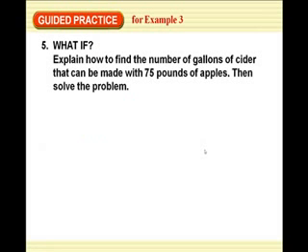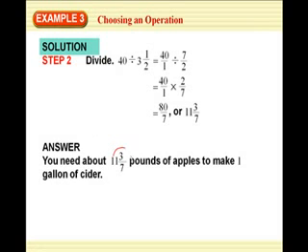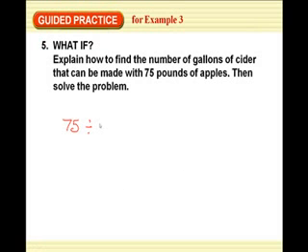What if the number of gallons of cider that can be made, explain how to find the number of gallons that can be made with 75 pounds. So we'll take 75. You know what? If it takes 11 3/7 pounds to make 1 gallon, let's divide that by 11 3/7. 75 over 1, 80 over 7.